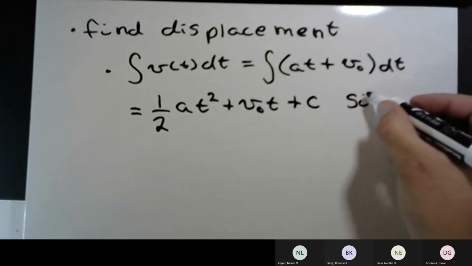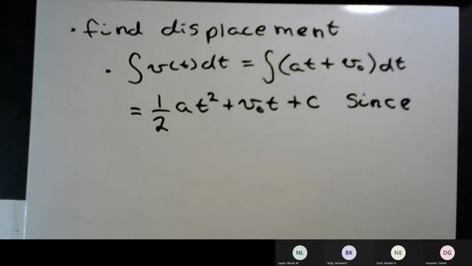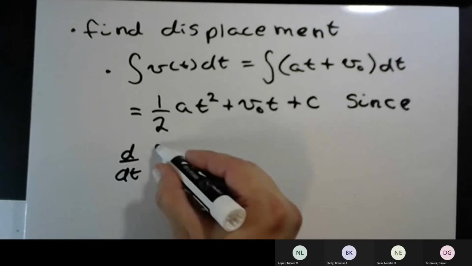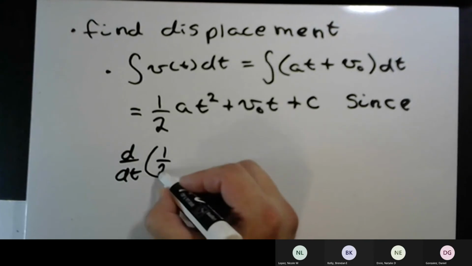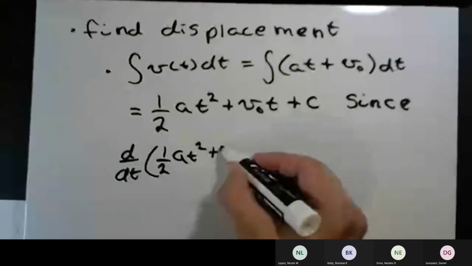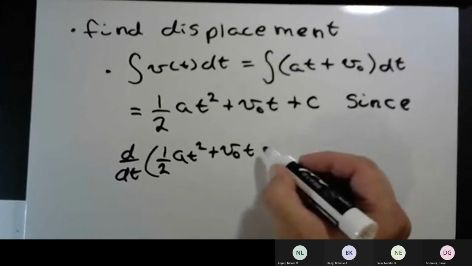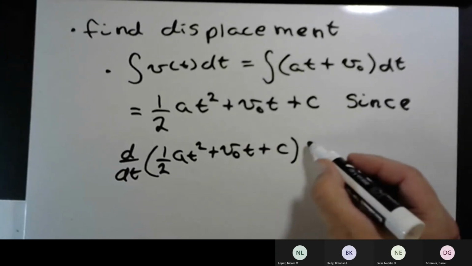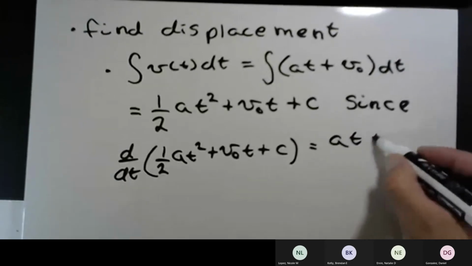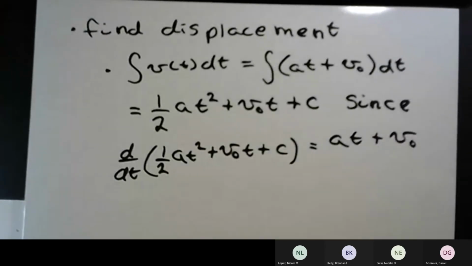But the reason it's equal to this is if we take the derivative, what we'll get is AT plus V0.